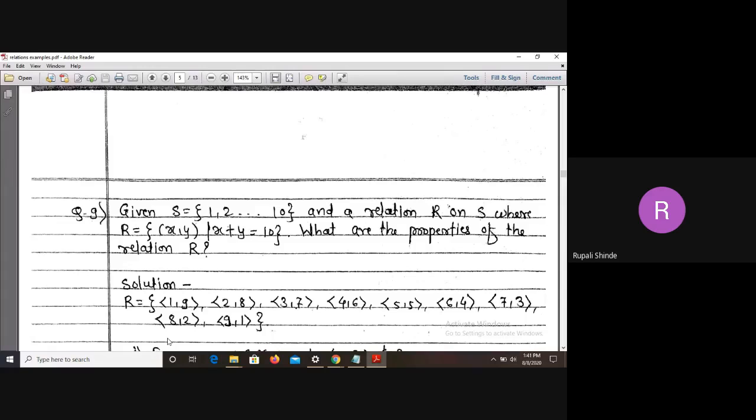What is the meaning of symmetric property? Who will explain it?